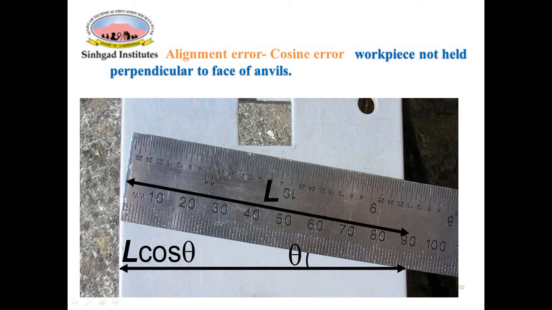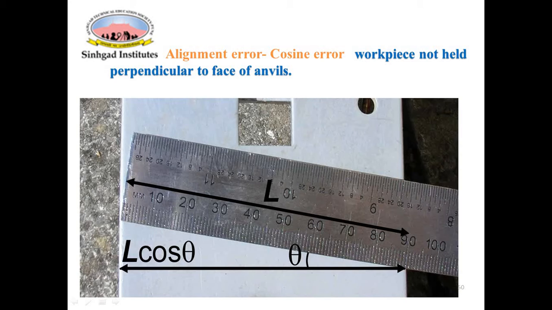The actual dimension is L cos theta, but you are getting the dimension as L. Why? Because as per Abbe's principle, the line of measurement is not coinciding with the measuring scale, or the axis of the measuring scale.